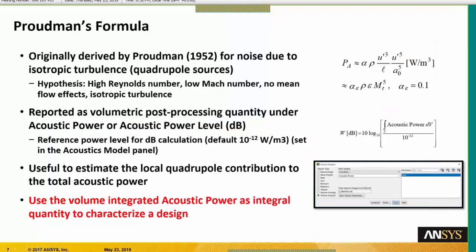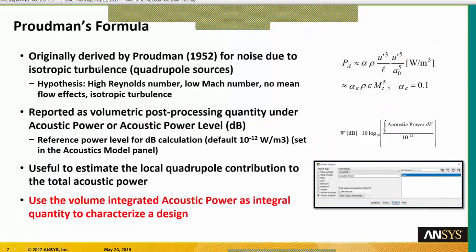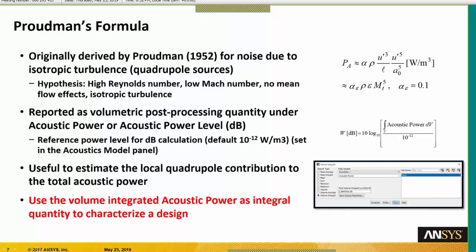So the first one is Proudman's formula. It is based on turbulent quantities, particularly on isotropic turbulence. So it's a quadrupole source. You are going to consider isotropic turbulence for noise, and so we are going to use local properties of turbulent fields to build some acoustic power, some acoustic measure of a volumic contribution.